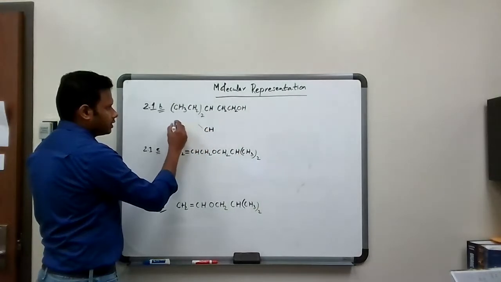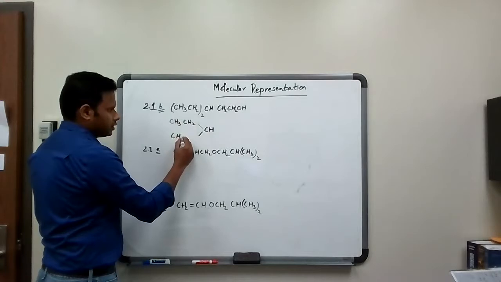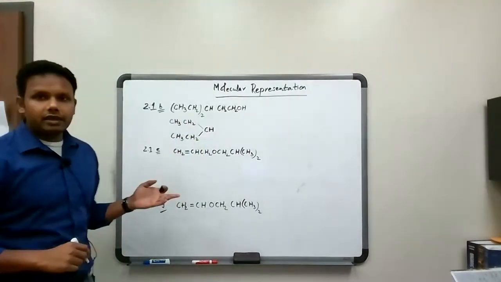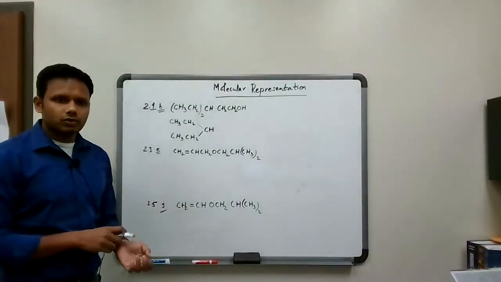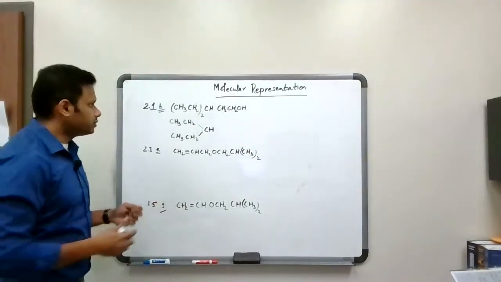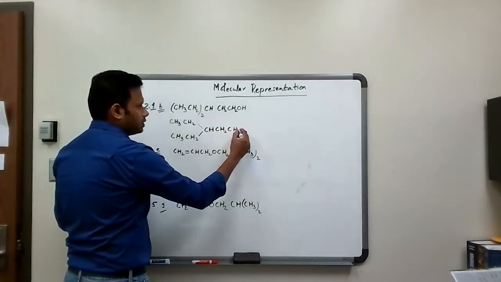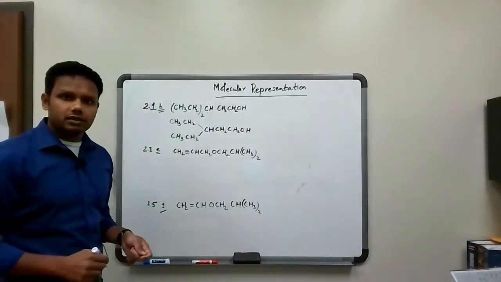So I can write that as CH3, CH2, and then I have another CH3, CH2. And this might be helpful as you start out doing these problems, and later you will slowly realize that you don't really have to do this. So you have CH, and then we have CH2, CH2, OH. So that's the condensed structural formula now.